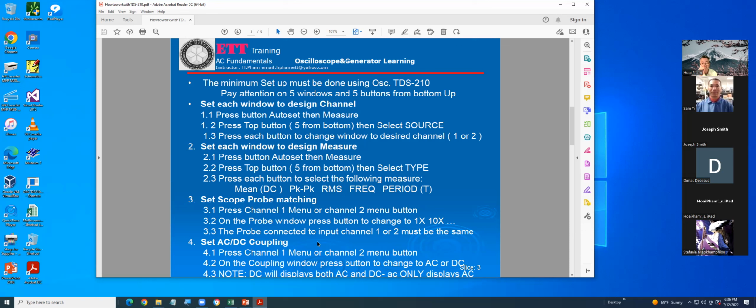Now, you have to understand, if you set to DC coupling, what happens? Who can tell me?